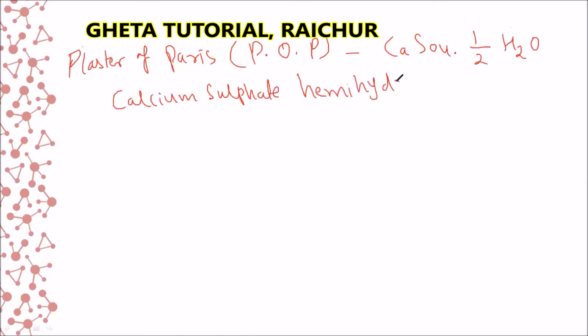Calcium sulfate hemihydrate. As we know, CaSO4·½H2O is the formula of plaster of Paris.